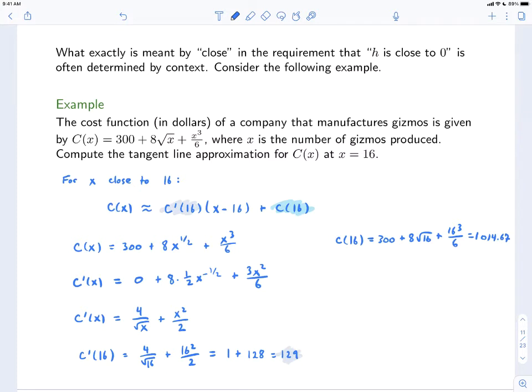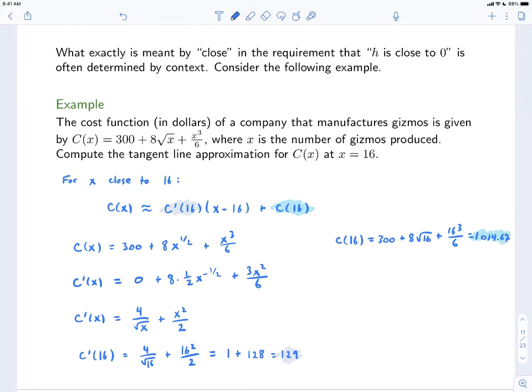Well, it's actually 1014.6666 recurring, but since we're talking about dollars, we round to the nearest cent. So it's $1,014.67. This gives us the y-coordinate corresponding to x equals 16.